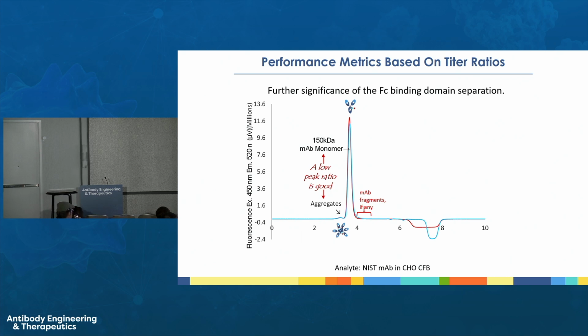And you see the trough: depending on the rate at which the mAb binds, you get a difference in the shape of the trough. This is a fast binder, and that's a slow binder. So depending on how fast your molecular recognition agent binds, you get that kind of information from the shape of the trough. Actually, if you extrapolate, you can probably get binding constants too. We haven't done the math yet.